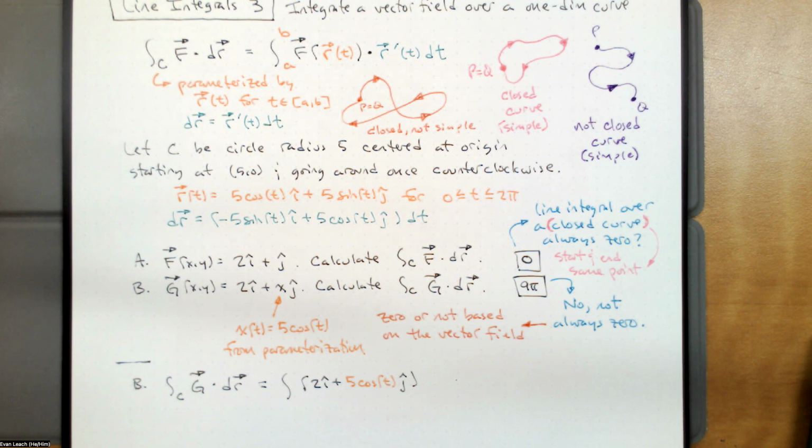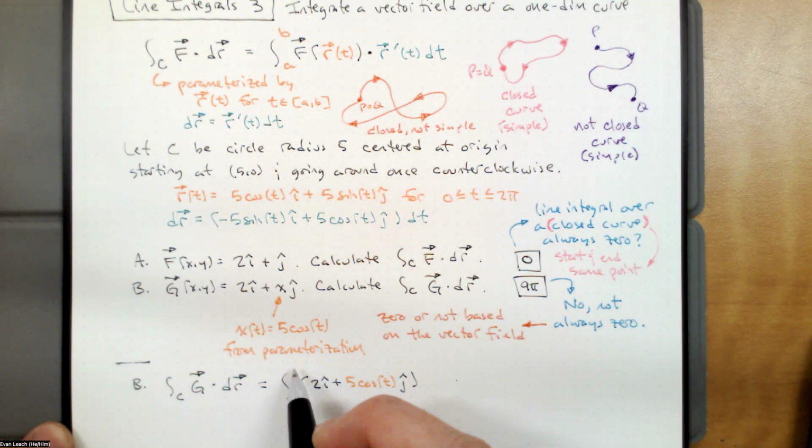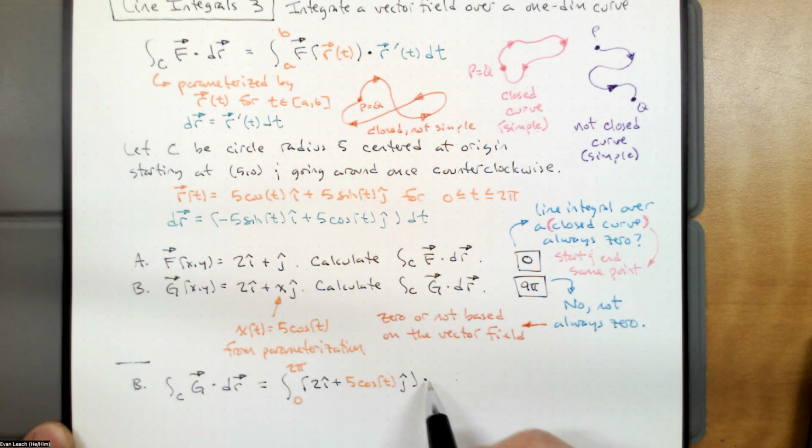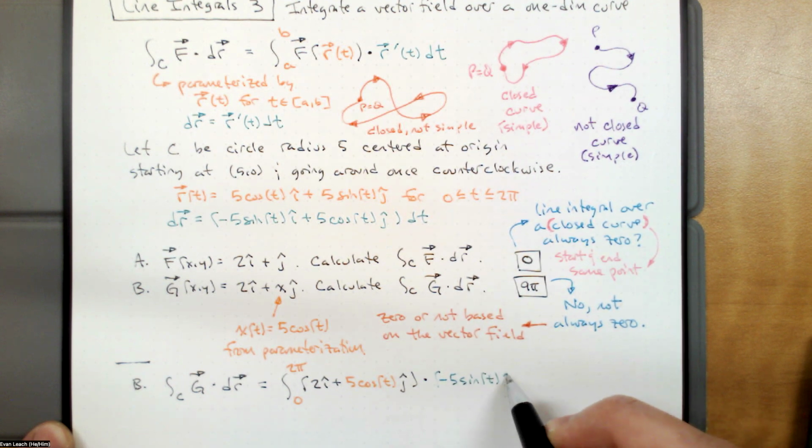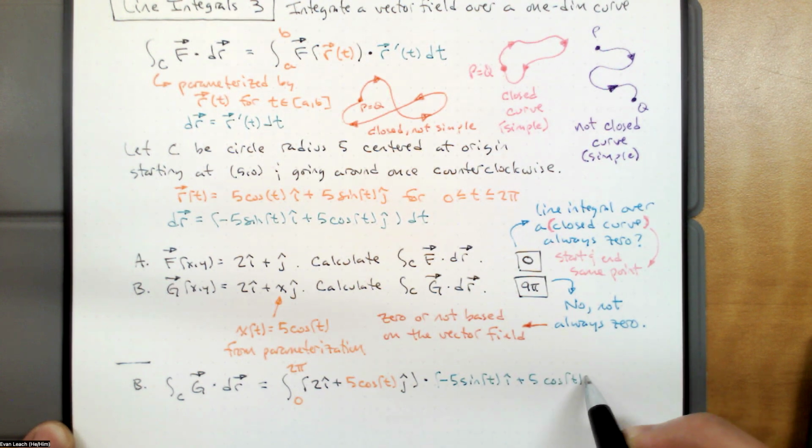The orange didn't show up yesterday because we had 2i plus 1j. No x or y showed up there, so it didn't show up. Now, we're integrating all the way around the circle, so t will go from 0 to 2 pi. And we need the dot product with dr, and dr is -5 sine of t i plus 5 cosine of t j dt.